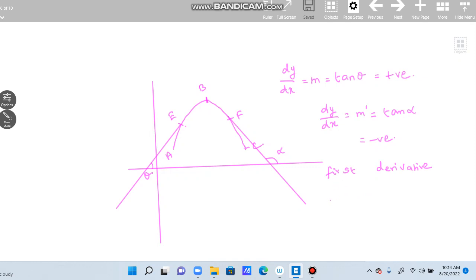If dy by dx changes from negative to positive, we say that it is a point of local minimum, whereas if it changes from positive to negative, we call it a point of local maximum.